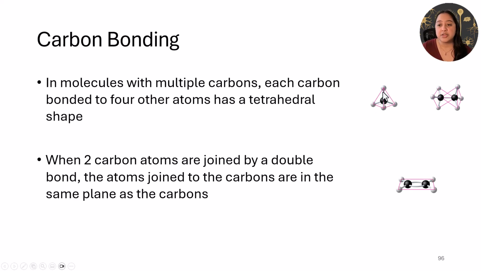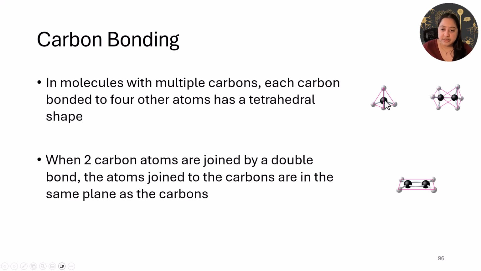So if it bonds to 1, 2, 3, 4 other things, 4 hydrogens, then it'll form this kind of shape just because of the physics of how the electrons poke out. Yeah, I'll leave the specialized language for chemistry. So the physics basically of how the electrons poke out and how things are going to line up when they get bonded.